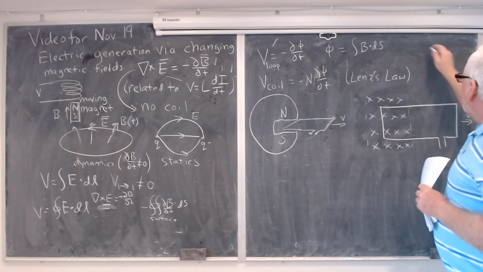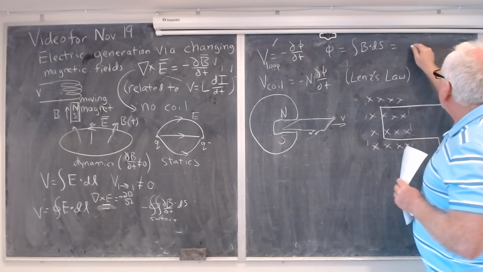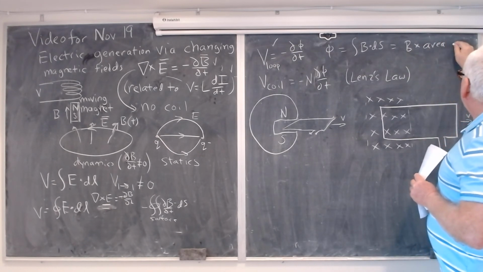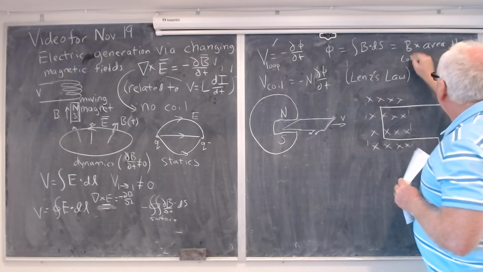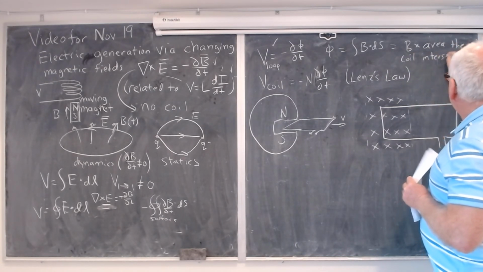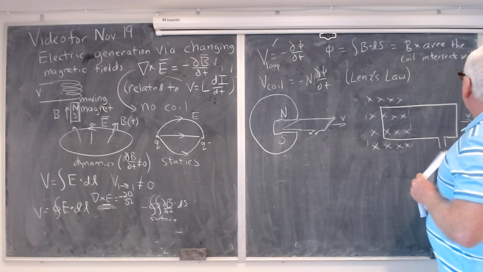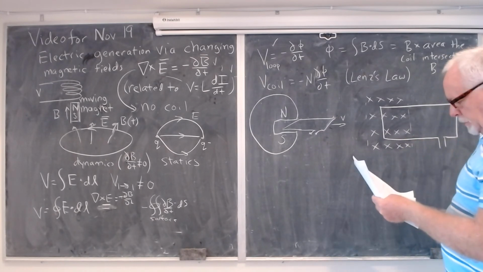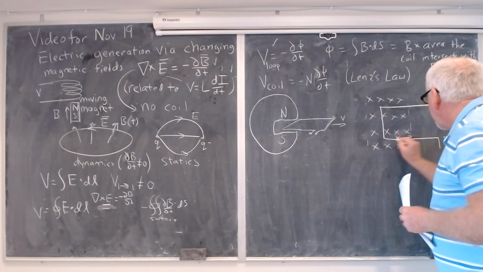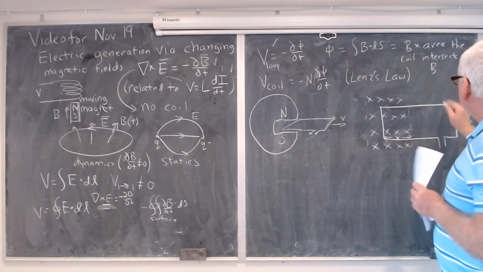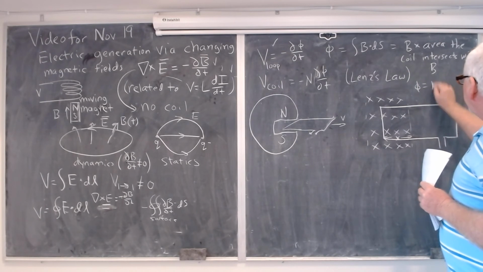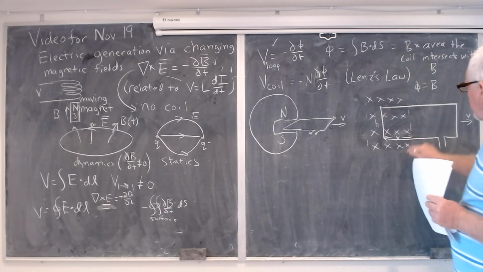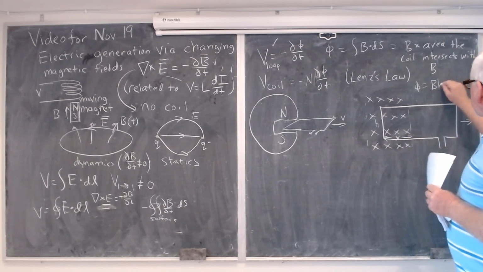The flux is equal to B times the area the coil intersects with B. So if x is this dimension, then the flux is equal to the magnetic field, which is constant, and if this is h, is equal to B times this area, h times x.